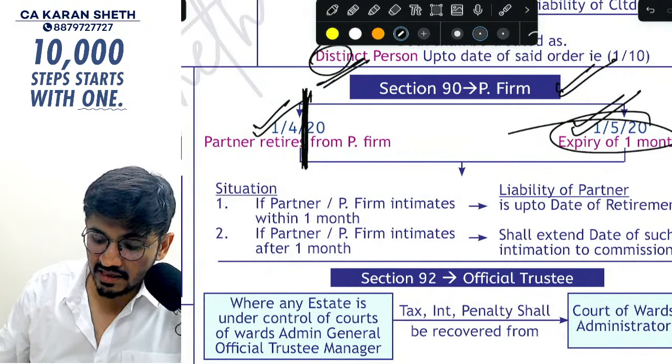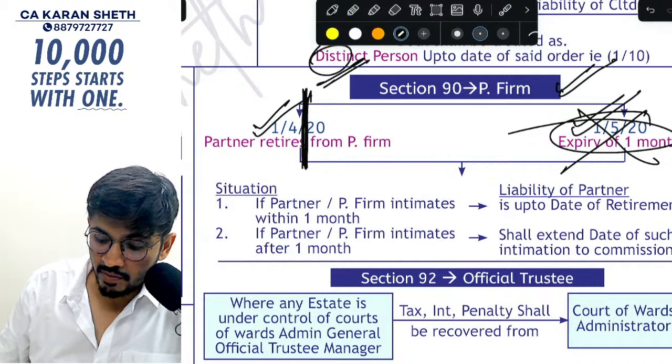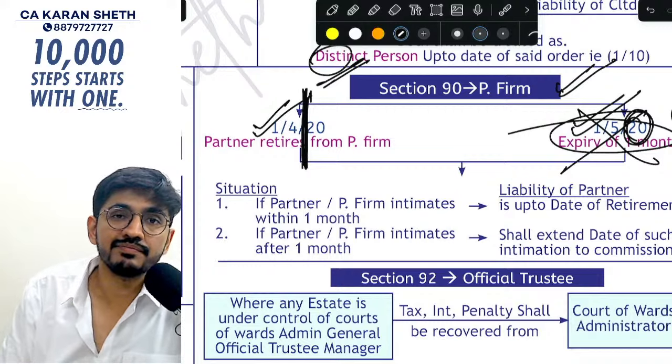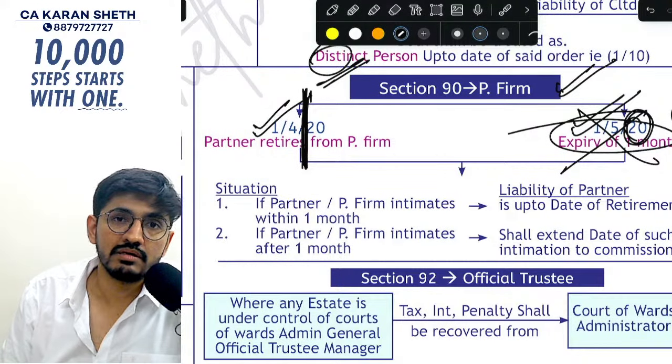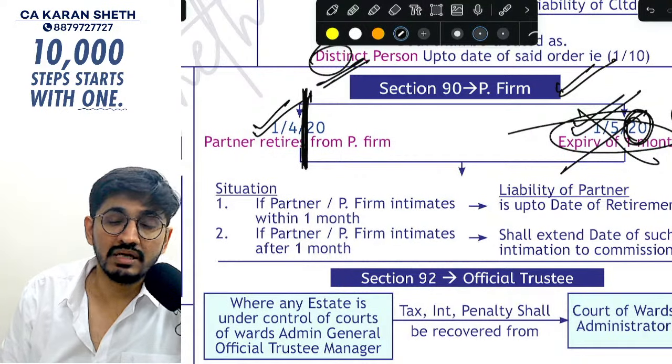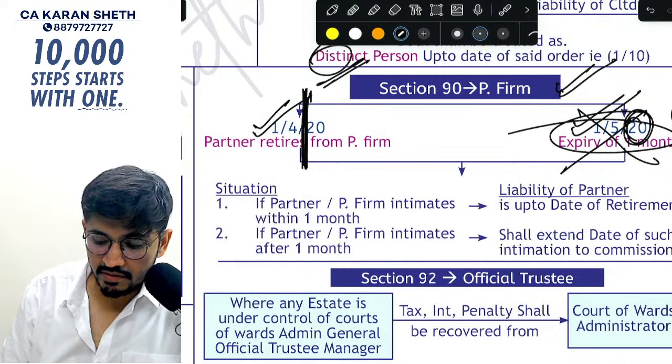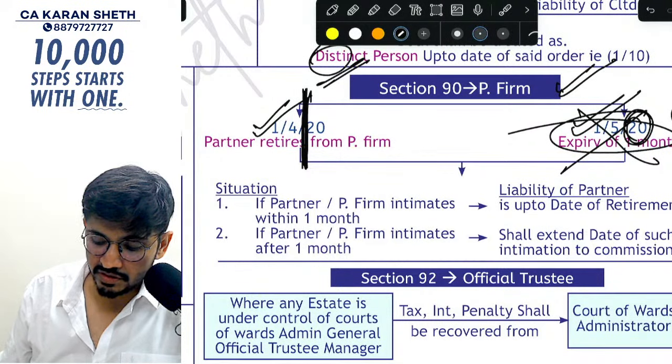But let's say he, rather than informing on 1/5/20, informs on 1/5/21, that is after 1 year. Then in that case, it will be extended to this date.